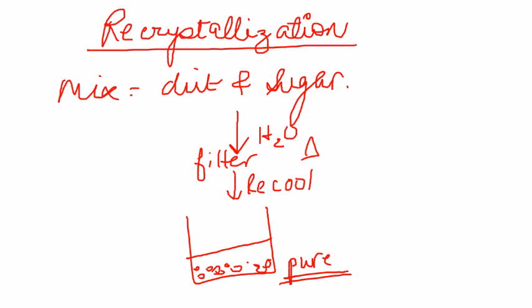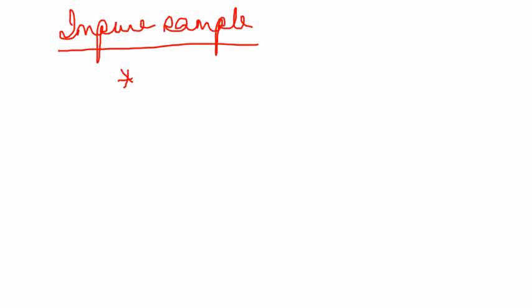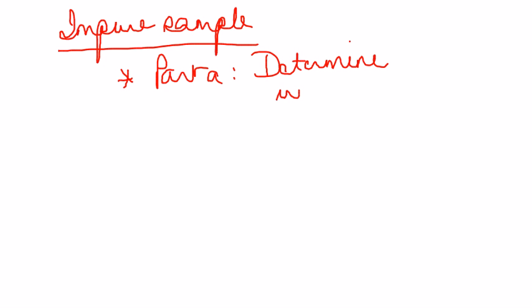You would be given, between you and your lab partner, an impure sample. So we'll begin with an impure sample. Your first aim would be, so that's part A, to determine which solvent fits your system best, which solvent to use.